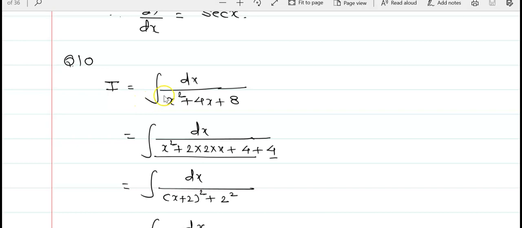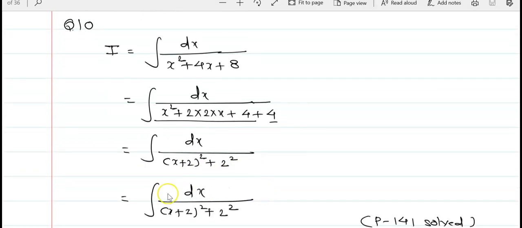I is equal to integral dx upon x square plus 4x plus 8. X square plus 2 into x plus 4 plus 4. That can be written as, now this is a perfect square, that is x plus 2 bracket square plus 2 square. That is integral dx upon x plus 2 bracket square plus 2 square.